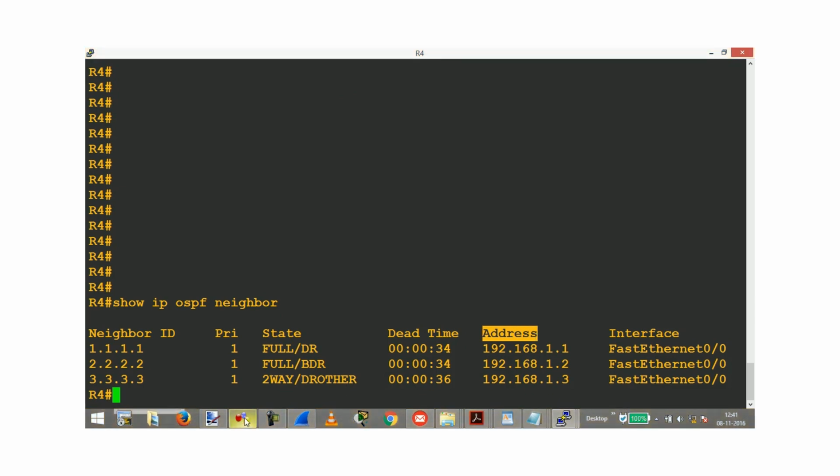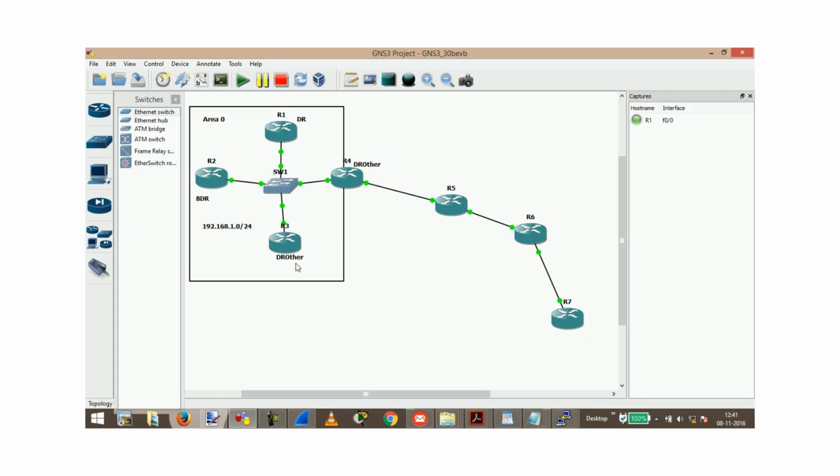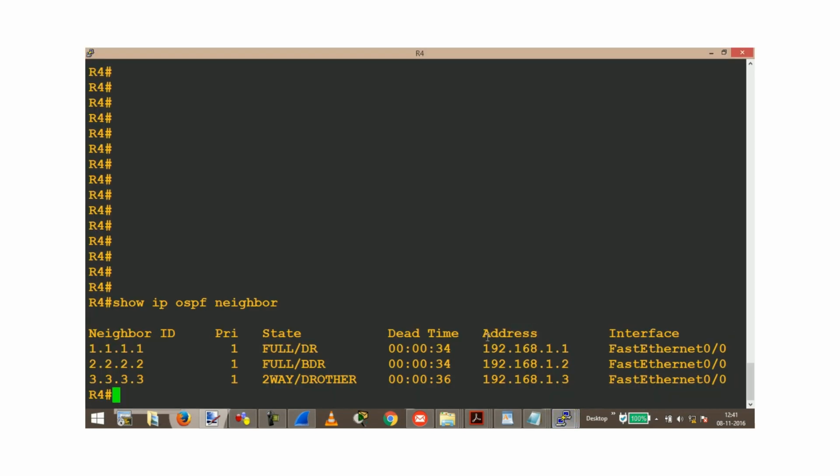So R4 says that I am neighbors with routers which have router IDs 1.1.1.1, 2.2.2.2 and 3.3.3.3, but the exact interfaces with which I am neighbors are 192.168.1.1, 192.168.1.2, 192.168.1.3. So this is what is written here, the address field, the exact interface IP address with which we are neighbors. And then the interface to which R4 has discovered these neighbors.